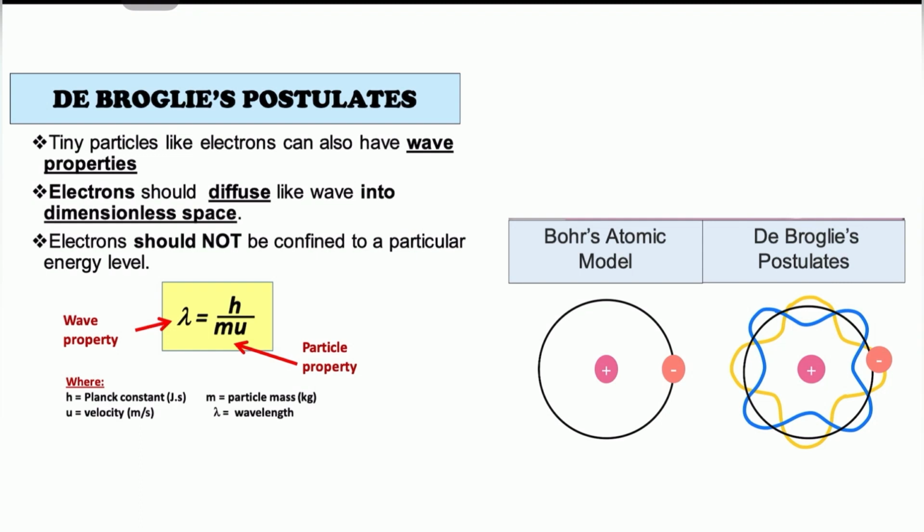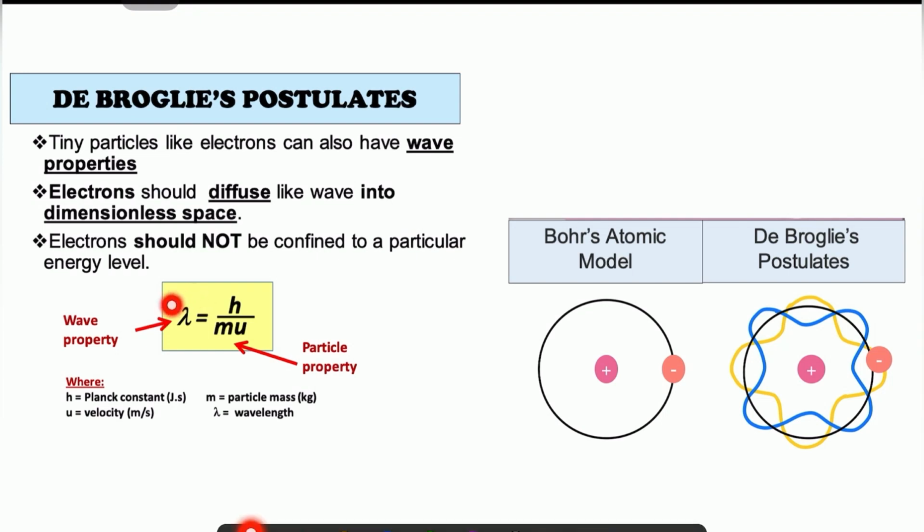De Broglie did not agree with Bohr, because he said that tiny particles like electrons can also have wave properties. Electrons should diffuse like a wave into dimensionless space, and electrons should not be confined to a particular energy level. So this is the formula for de Broglie's postulate.